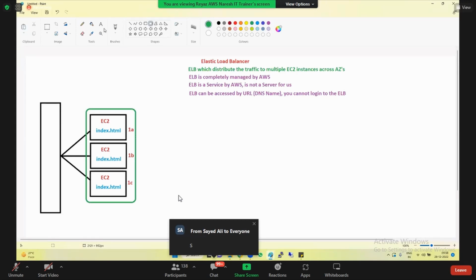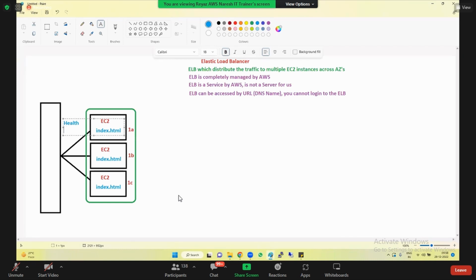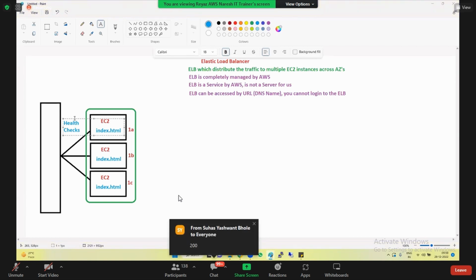Okay. And how does it do the health check? So we have here health check. What is the status code? 200. So ELB is doing the health checks to the application, right?